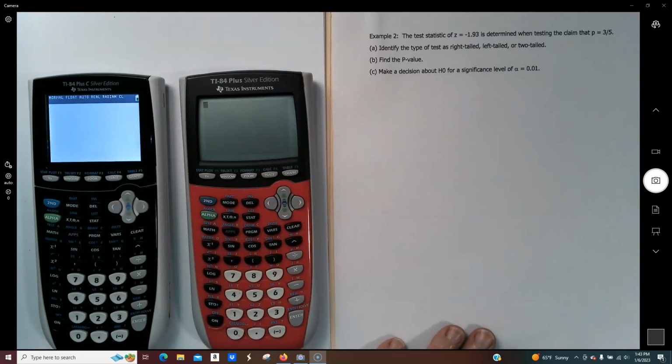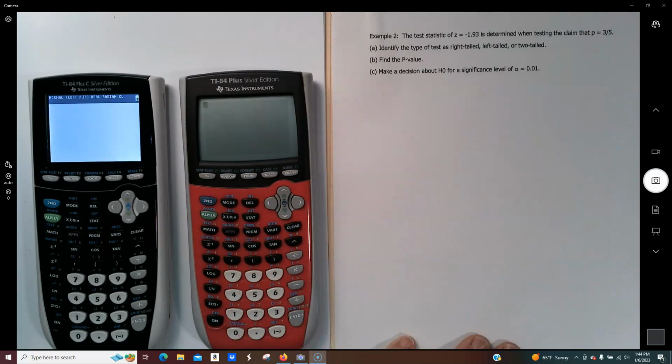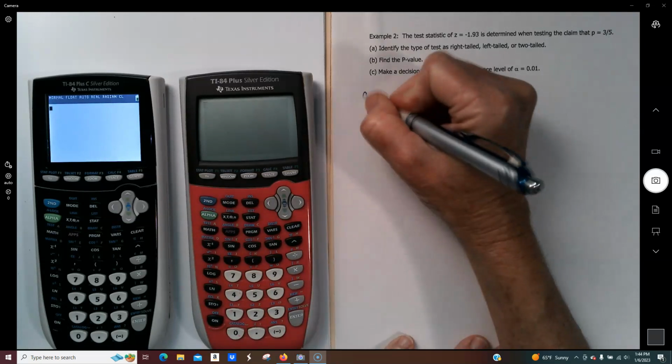So for this next example, we have a test statistic of z equals negative 1.93. And we're going to be testing the claim that p equals 3/5. So we need to know if the test is right-tailed, left-tailed, or two-tailed.